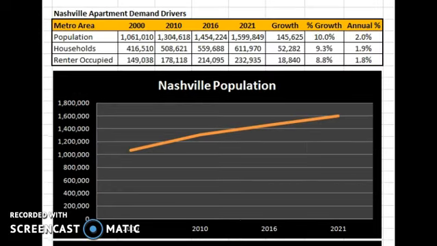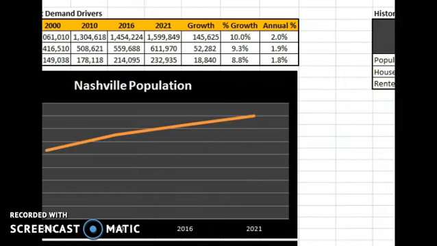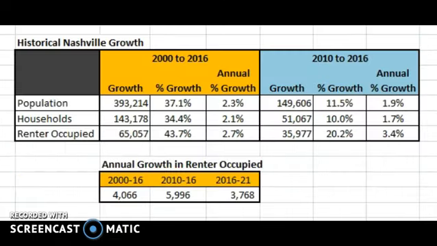And then let's look over here. I did some other calculations here. Now this section breaks down the historical growth for the same three variables in a little greater detail. So these orangish, yellowish sections show the growth between 2000 and 2016. And this one goes a little finer and looks just at the period 2010 to 2016.